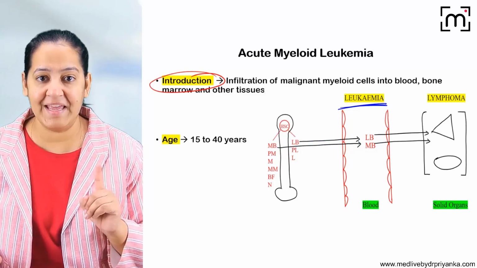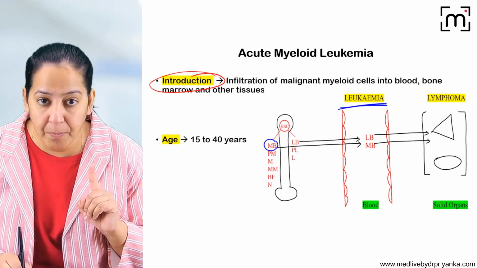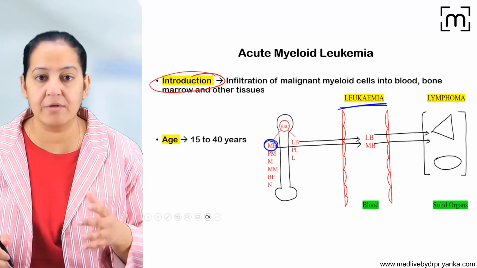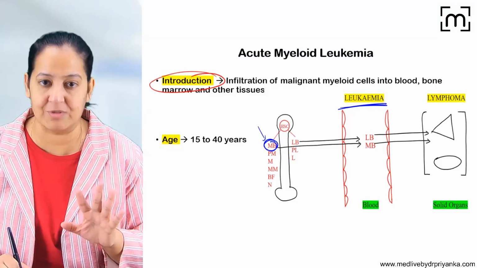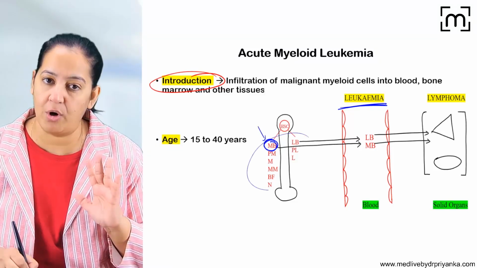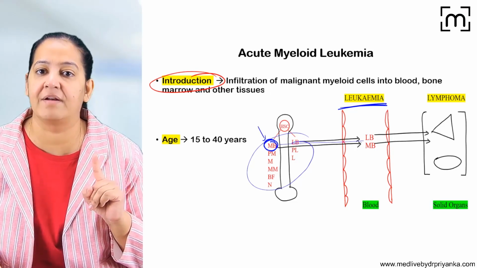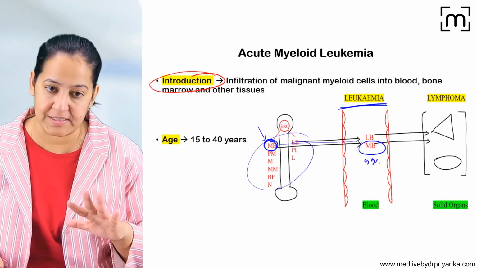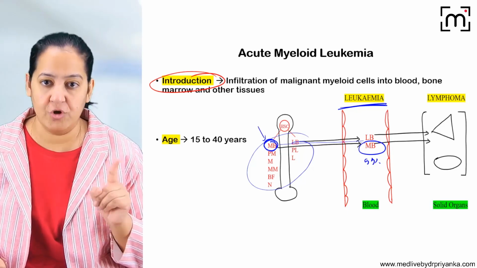So what is happening in AML now? In AML, myeloblast is doing uncontrolled mitosis, due to the mutation, I will tell you the name of the mutation also. Because of the mutation, this myeloblast is doing uncontrolled mitosis. It replaces all other cells in the marrow and it is spilled in the blood. Once it comes in the blood, 99% of the cells in the blood are myeloblast, and that is AML, acute myeloid leukemia.